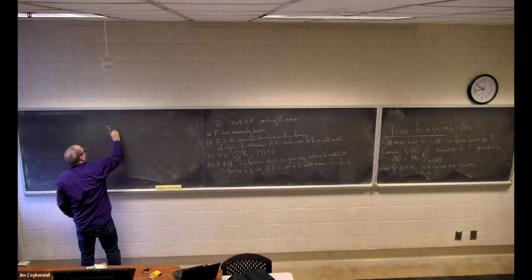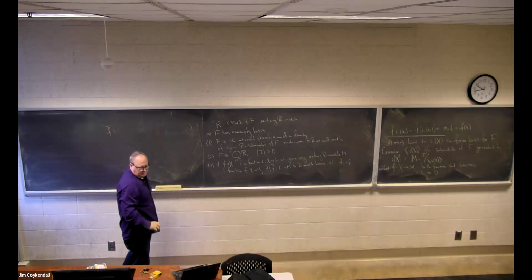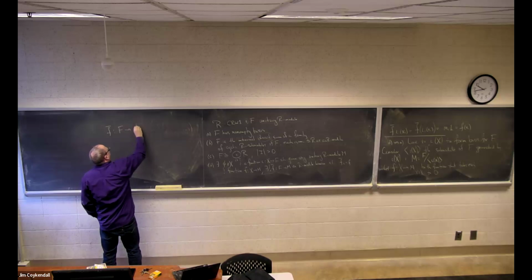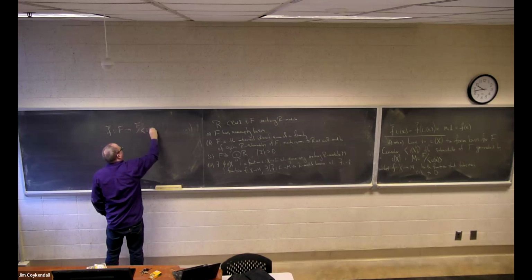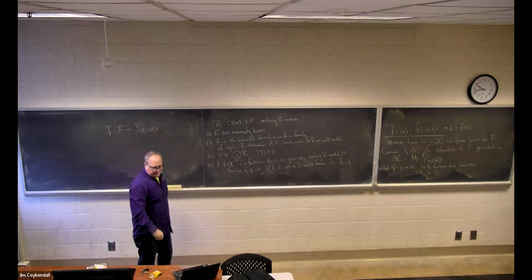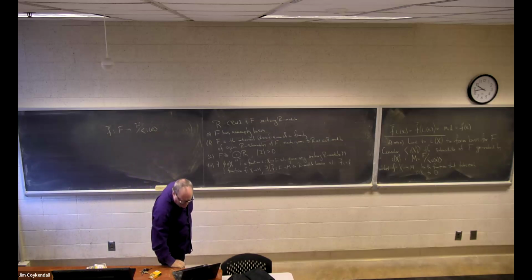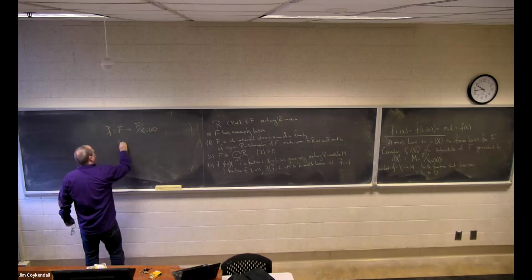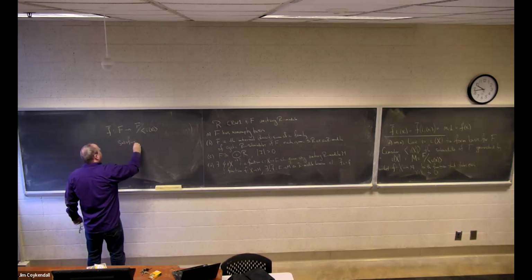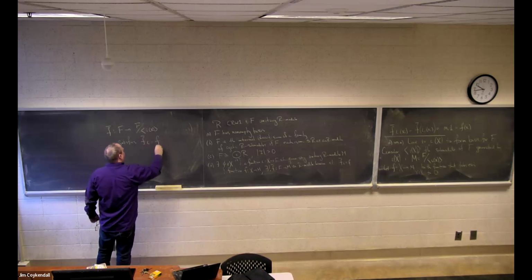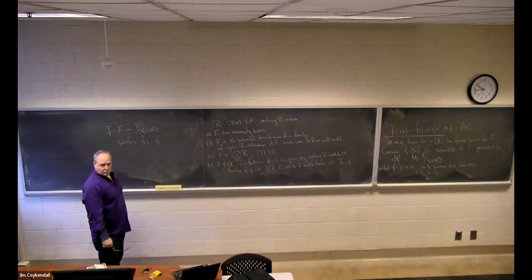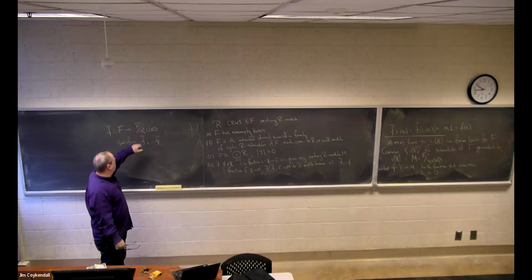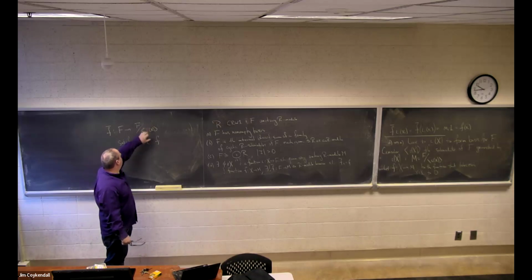Now, consider F bar, the function that maps F to F mod the image of X. F takes every element in X to the zero part, so it's essentially killing this.